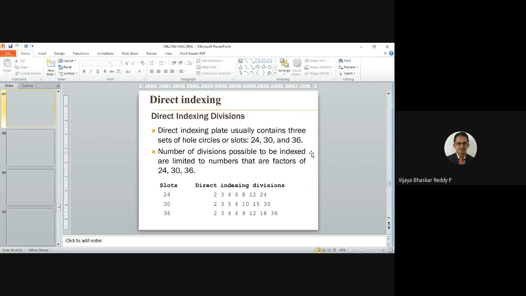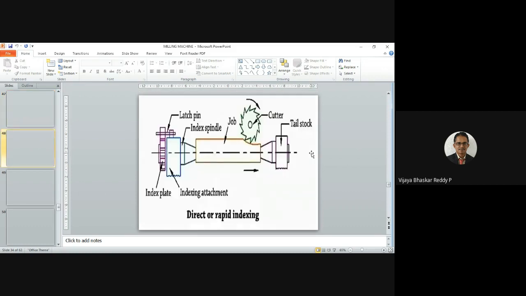With the 24-hole plate, divisions possible by direct indexing are 2, 3, 4, 6, 8, 12 and 24. Similarly for the 30-hole plate: 2, 3, 5, 6, 10, 15, 30. For the 36-hole plate we can divide into parts like 2, 3, 4, 6, 9, 12, 18, 36. So this is the direct indexing method.